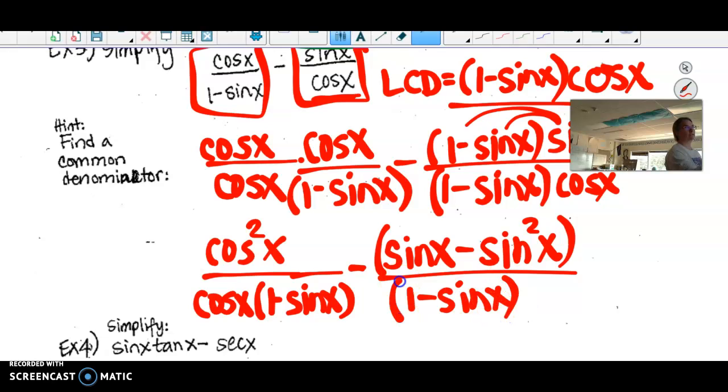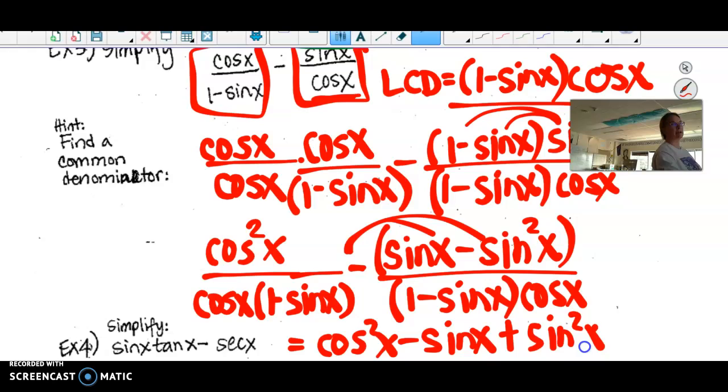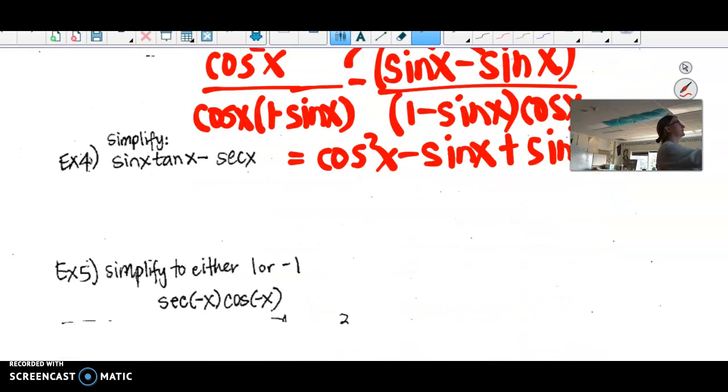Even though the denominators are written switched, the two factors are switched, it's still a common denominator. So now I can take this numerator, cosine squared x, minus, I'm going to distribute this negative through, minus sine of x, and then plus sine squared x, and that's all over cosine of x times 1 minus sine x.